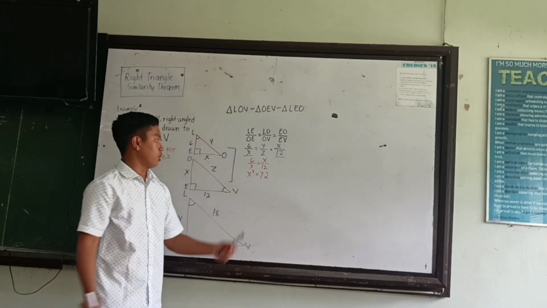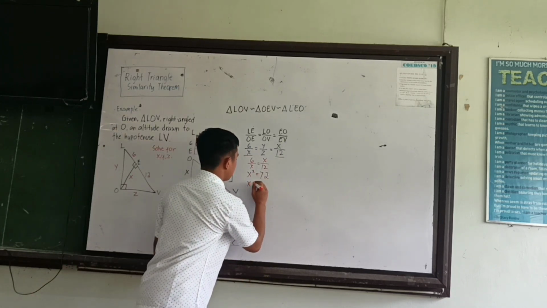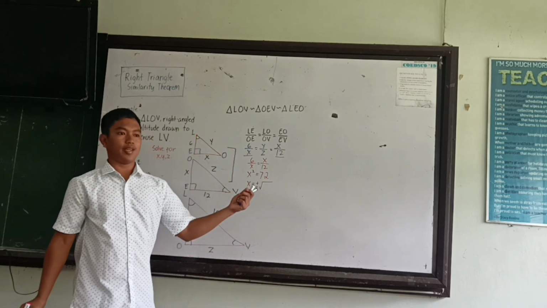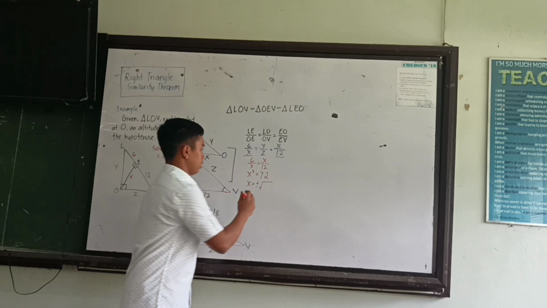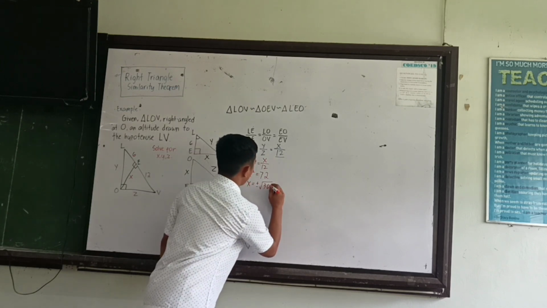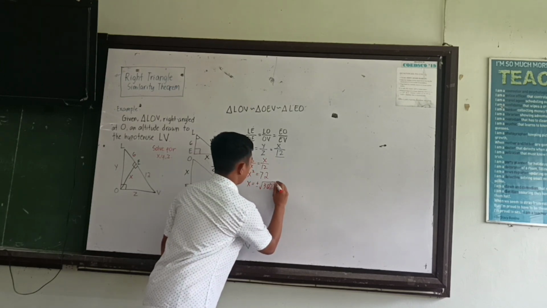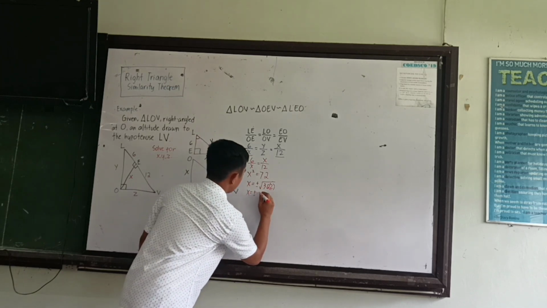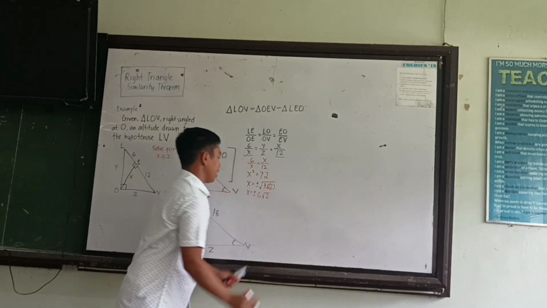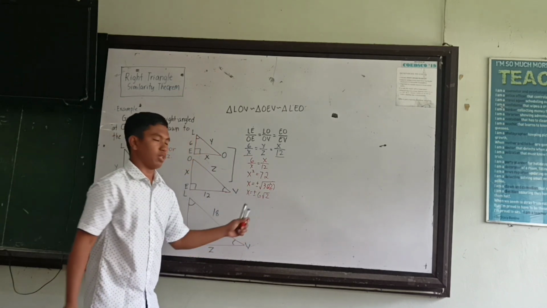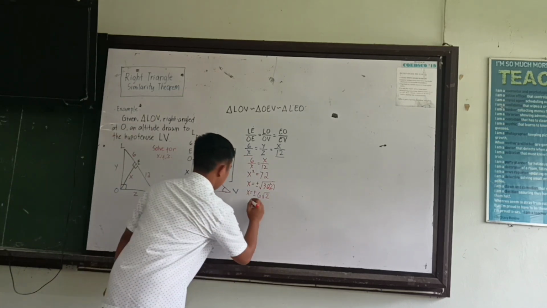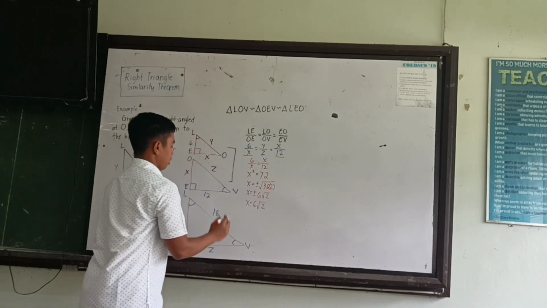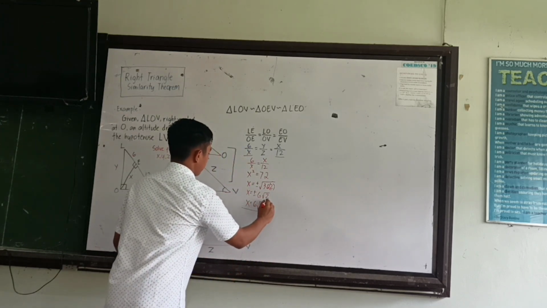Getting the square root of both sides, x is equal to positive or negative square root of 72. The square root of 72 is the square root of 36 times 2, so x equals positive or negative 6 square root of 2. Since this is a measurement, we accept the positive number. So x equals 6 square root of 2. That is the value of our x.